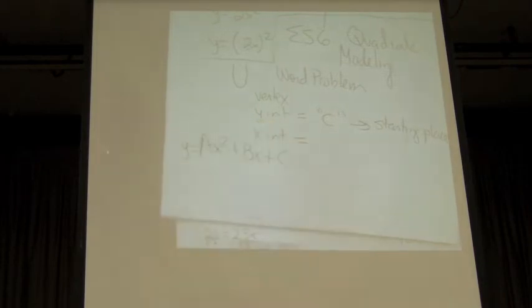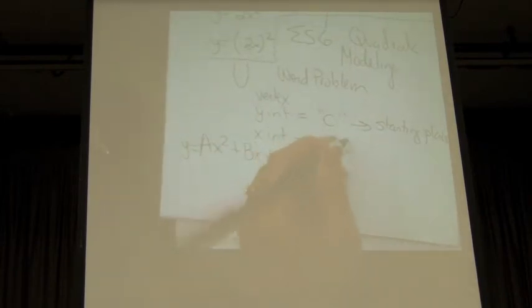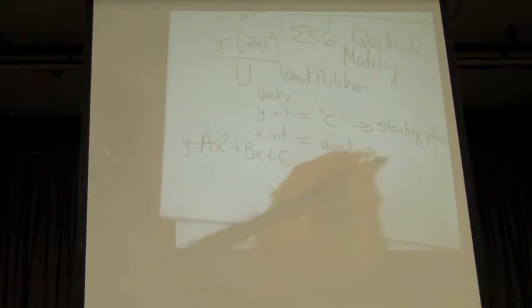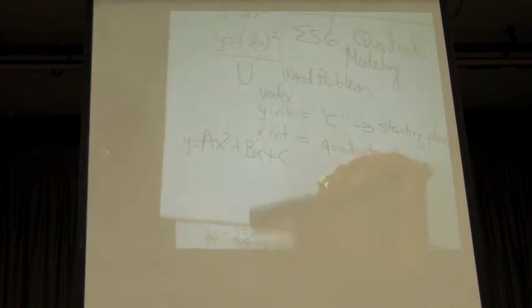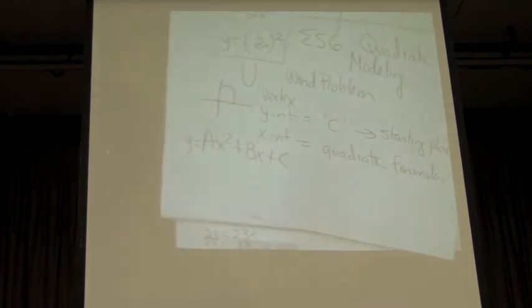The x-intercepts are the hardest thing to find, because you have to make your way through the quadratic formula. The x-intercepts have to do with the ball reaching what spot? Zero. The ground. Okay?